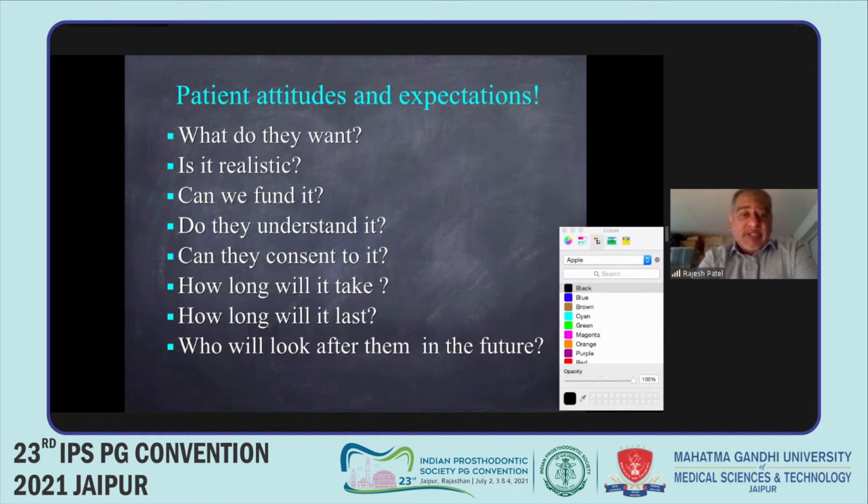When I started in Sheffield some 24 years ago, each patient had to have an application for funding. So we could not provide any of the treatment without actually having funding approval. And funding here is probably completely different to the funding levels in India, because whilst we treat one patient here, you could probably treat 10 patients in India because the costs are so high.